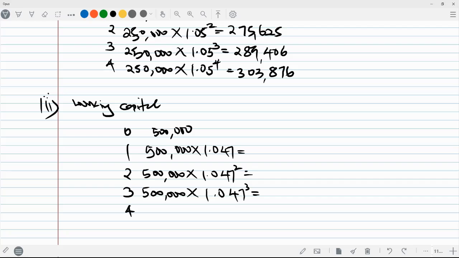Now, what does that tell us about the machine? You'll dispose of it in year 4. In relation to working capital, what does that mean? It means there will be no cash inflow, because at the end of year 4, the company is going to buy another machine to replace this machine.